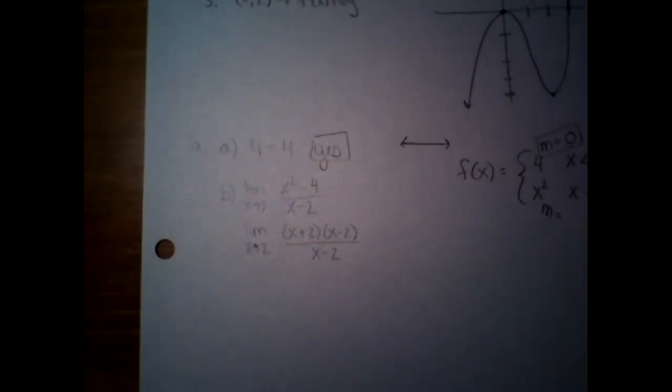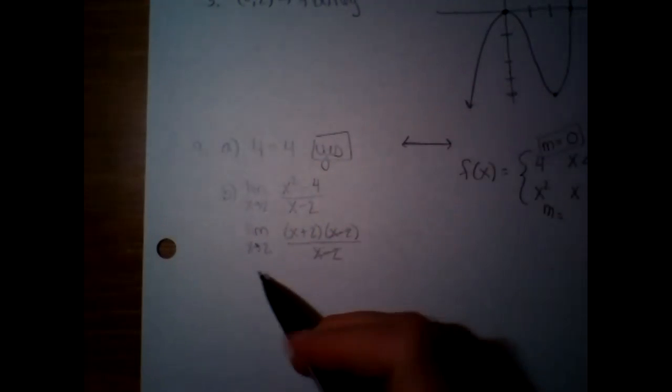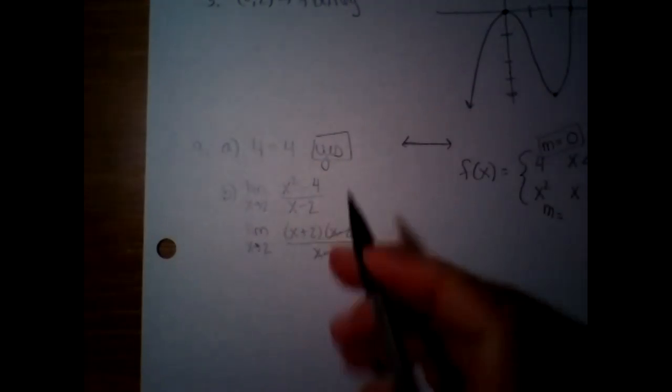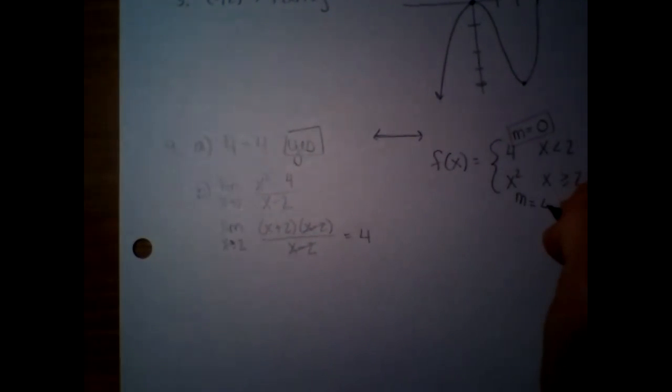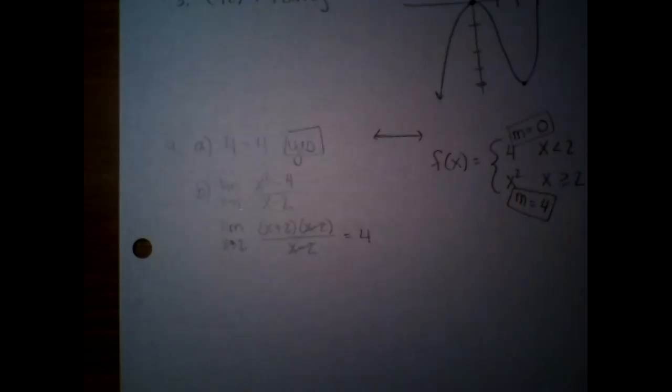And then it would be over x minus 2. And so we're going to need to factor that. The numerator is going to split x plus 2, x minus 2. And so the x minus 2's are going to cancel. And when I plug in 2 to what's left, 2 plus 2 gives me 4. So the slope from this side is 4.